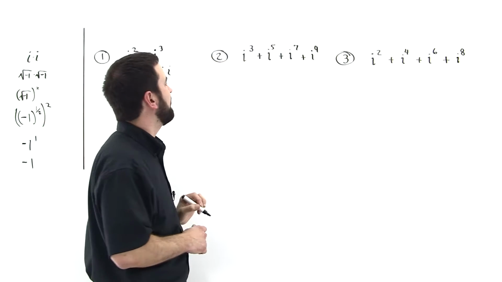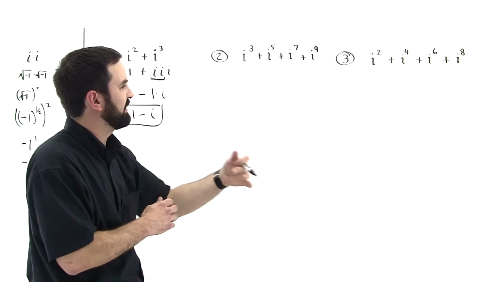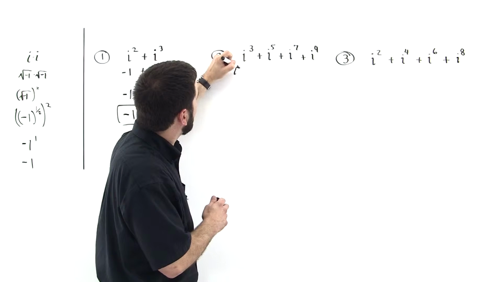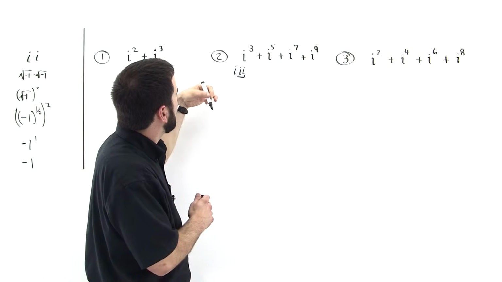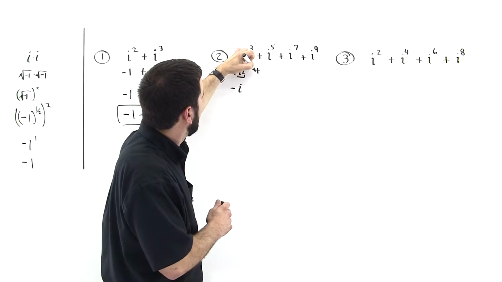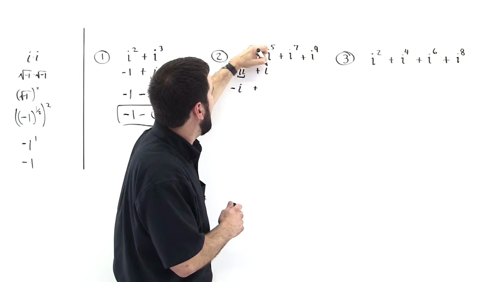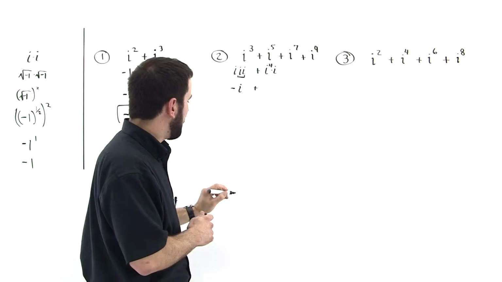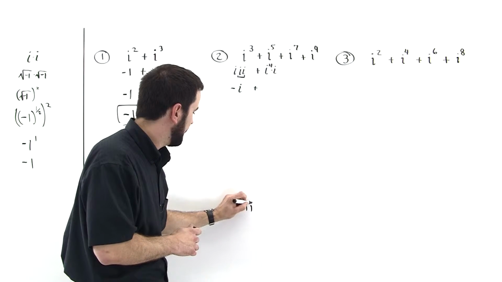Okay, let's consider this next one. We see that it goes 3, 5, 7, 9, so it's increasing in odd exponent numbers. i cubed we can write as i times i times i. This pair gives -1, so this is going to be equal to -i, right? i to the 5th can be written as i to the 4th times i. i to the 4th is just i times i times i times i.